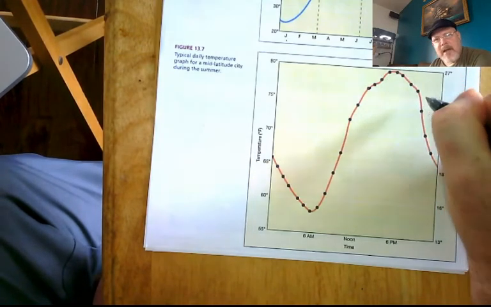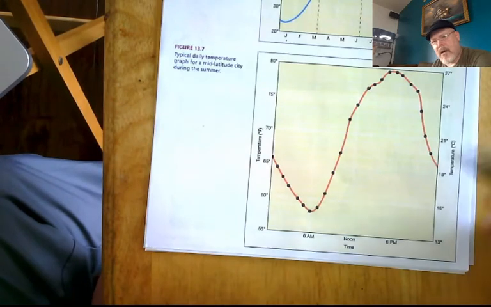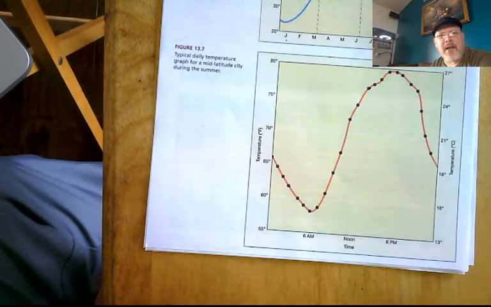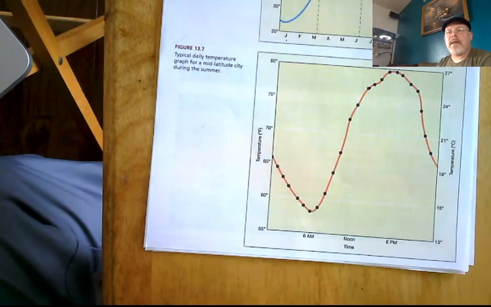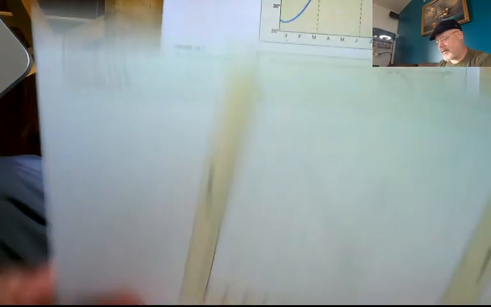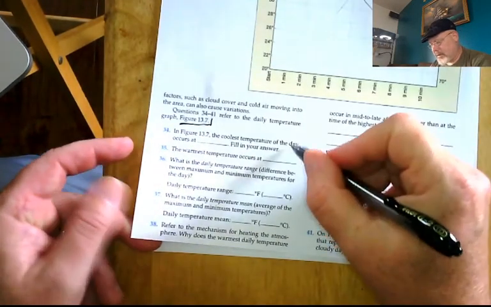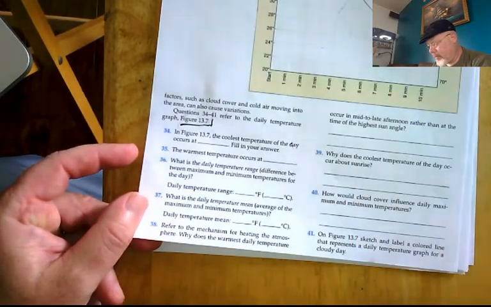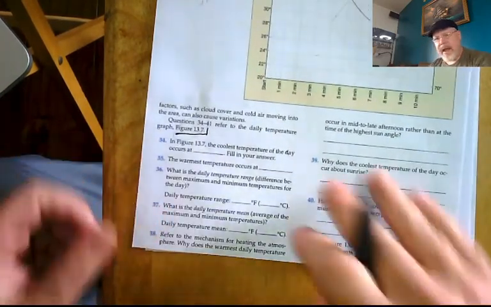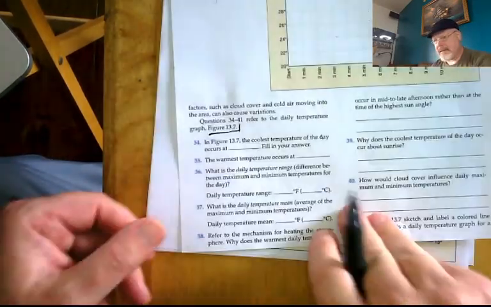And then it starts coming back down as the sun goes down, because the angle becomes so much less that there is less radiation coming in than us giving it back off into outer space. So that's what questions numbers 34 through 40 are asking, is why we have those kinds of days.